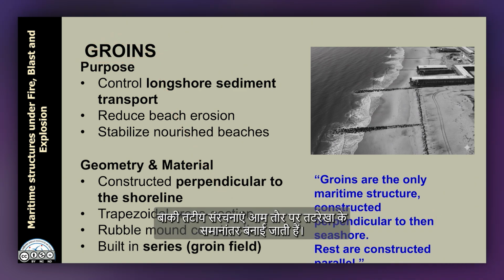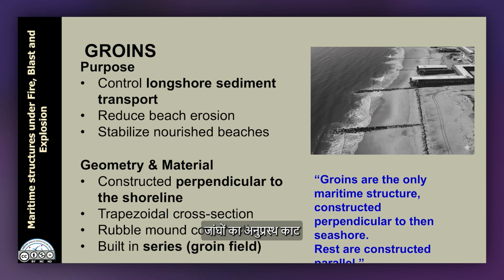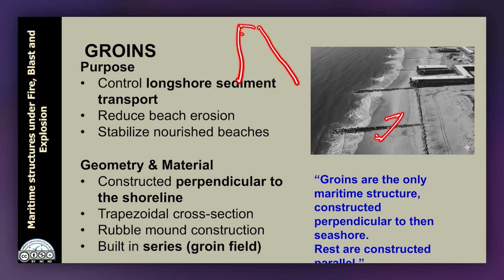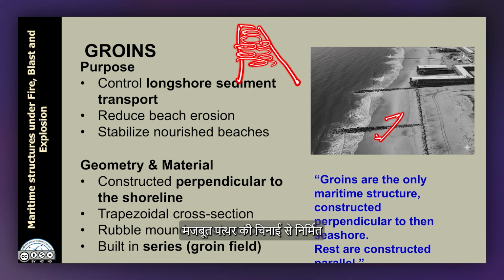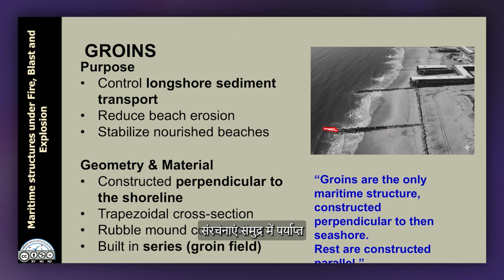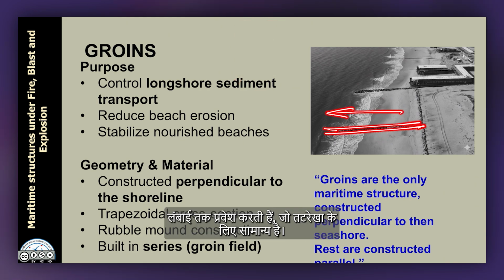The rest of the coastal structures are generally constructed parallel to the coastline. Groins are essentially trapezoidal in cross section with armoured rubble masonry, constructed for enough length penetrating into the sea, normal to the coastline.